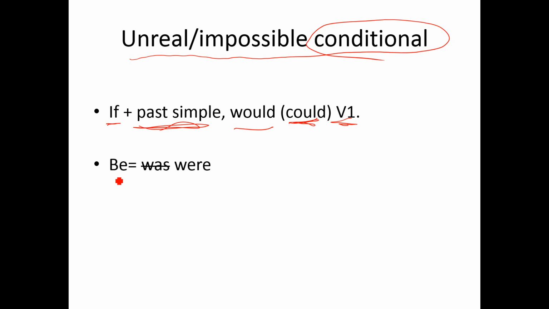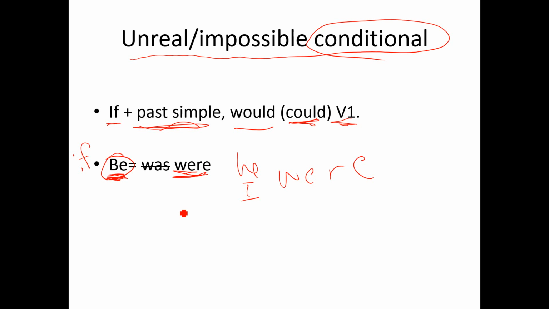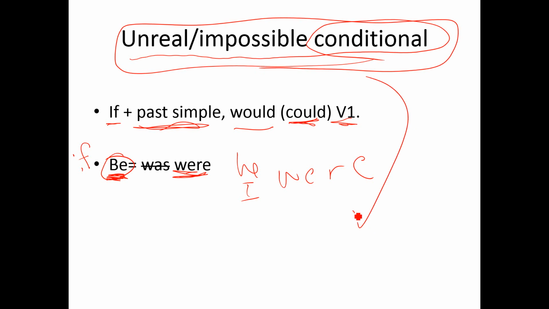And remember the funny subject and verb agreement deal, where when we're in the if clause, if we use the verb be, we're going to use were, even if it's he, she, it, or I, it's going to be the were form. And another thing, we use this when we're talking about present or future unreal conditions.